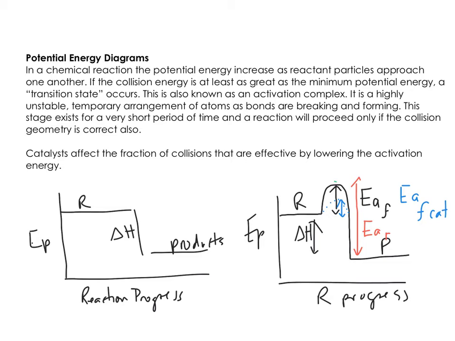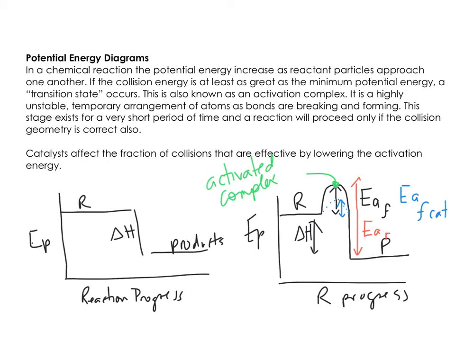And at the top here, that is where you find your activated complex. Your transition state, where you have both reactant molecules colliding, and they come together and make one mesh, one big compound.